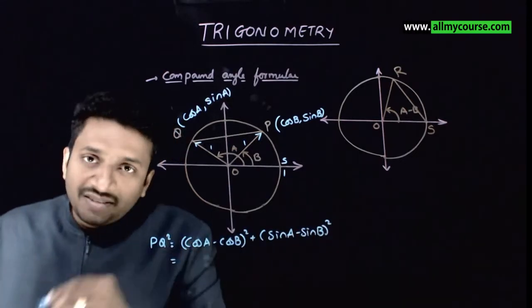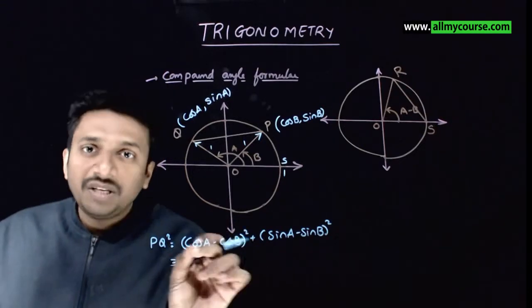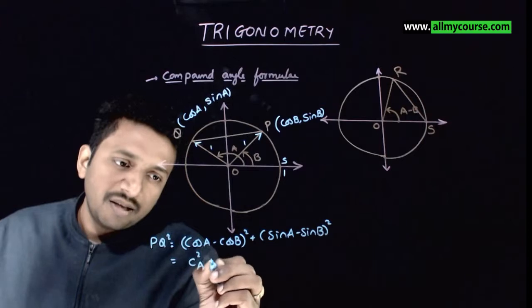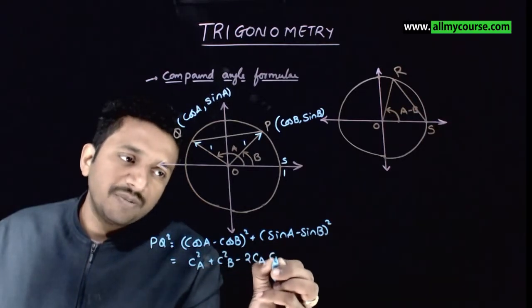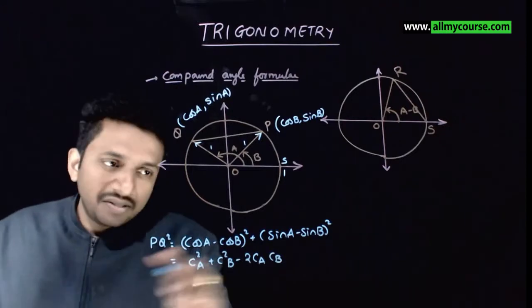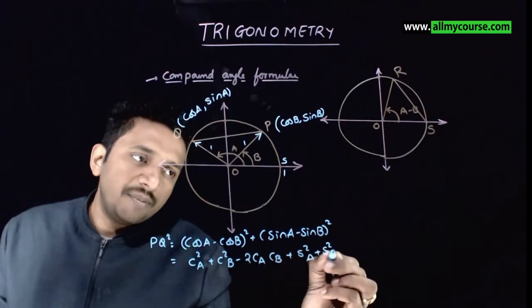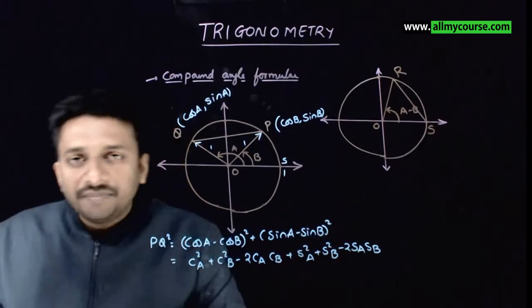So if I simplify, using the identity that A minus B whole squared is A squared plus B squared minus 2AB, you get cos squared A plus cos squared B minus 2 cos A cos B, plus sine squared A plus sine squared B minus 2 sine A sine B.